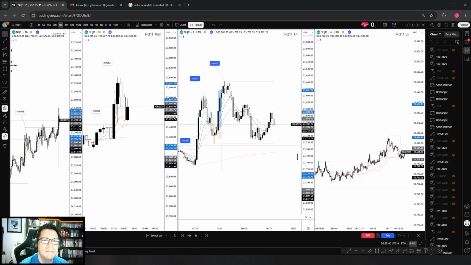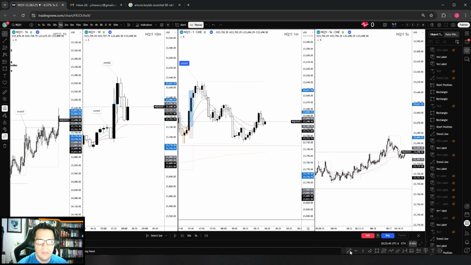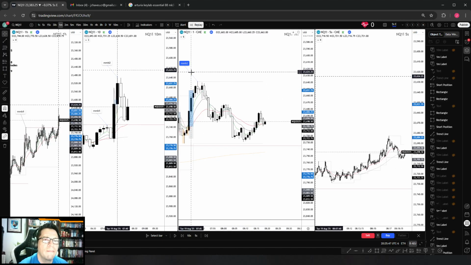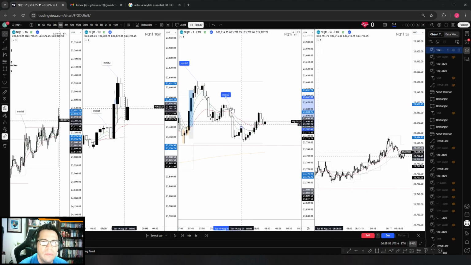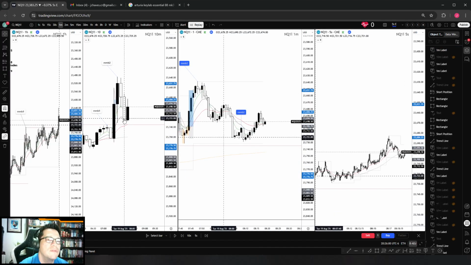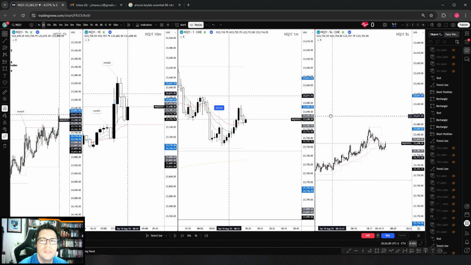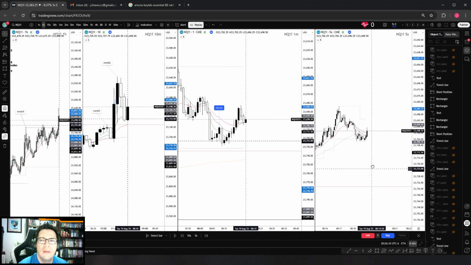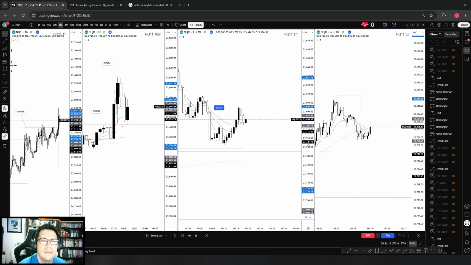So at this time, what we see is basically some sort of, I'm going to put the label here. So we get some sort of distribution MB, which comes as a result of a reaction or a bounce from this point here, which is the 10 on the C. And now we get some sort of flush here into the EMAs once again.